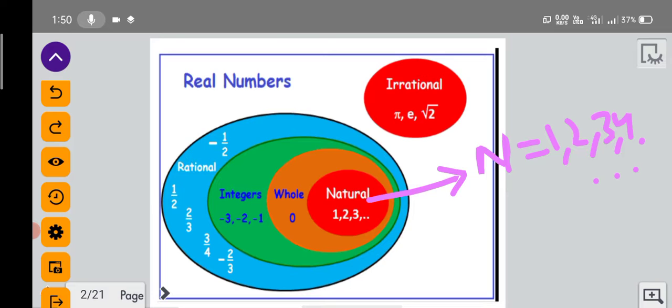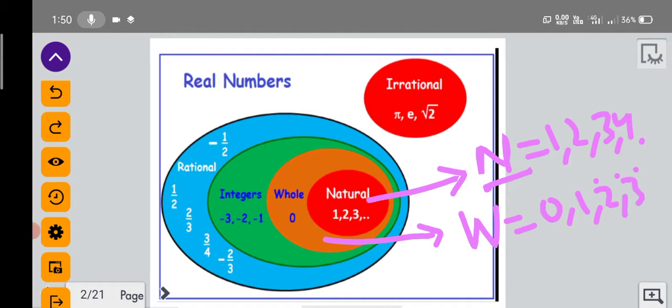So all positive numbers come in the natural numbers and it is denoted by N. Now the whole number is denoted with the letter W, and W is equal to 0, 1, 2, 3 and so on.